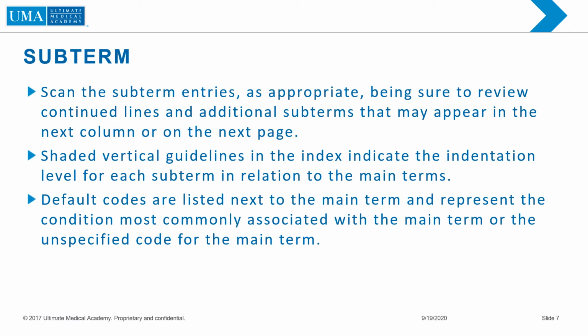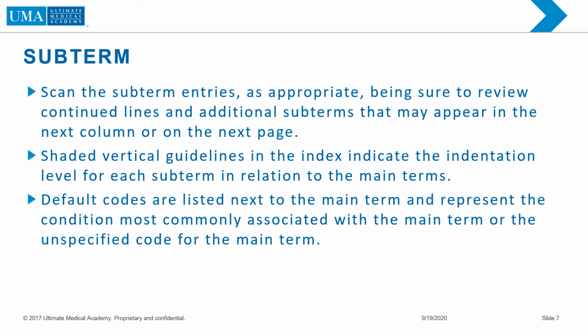You'll also see shaded vertical guidelines in the index. That indicates the indentation level for each of the subterms in relationship to the main term. And default codes are listed next to the main term and represent the condition most commonly associated with that main term, or the other unspecified code for the main term.